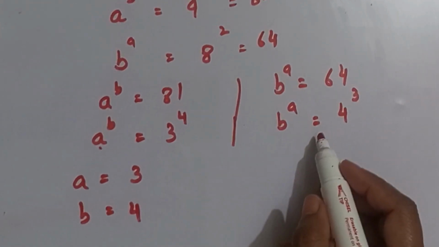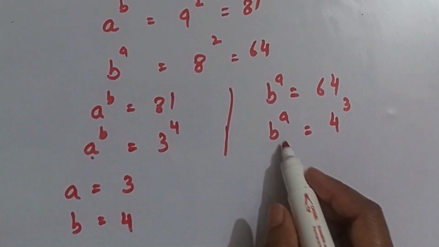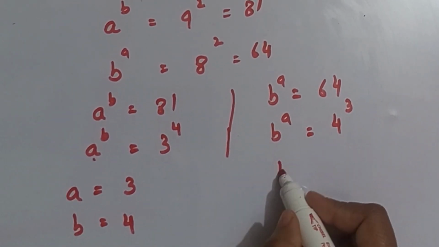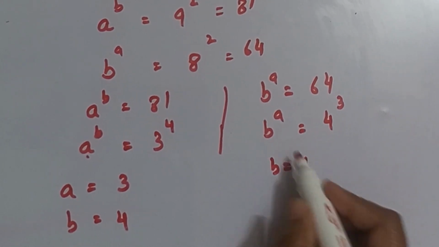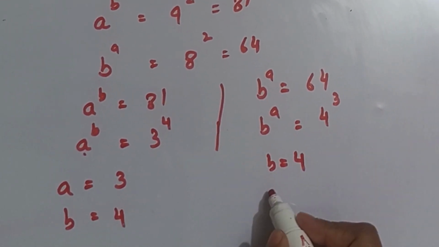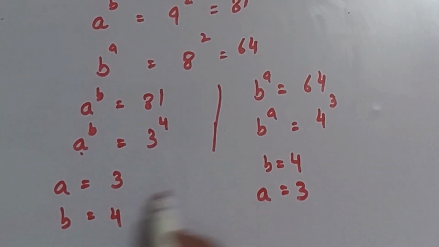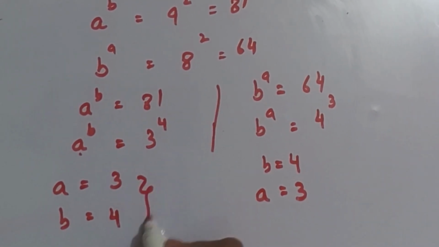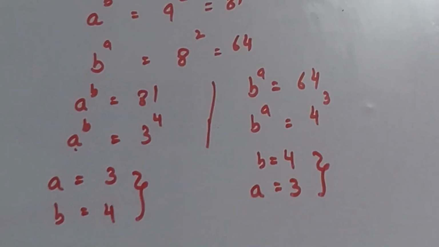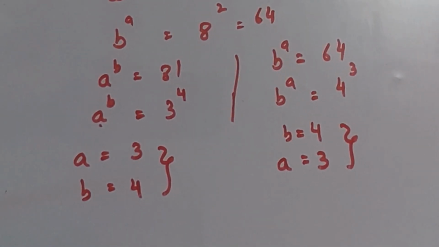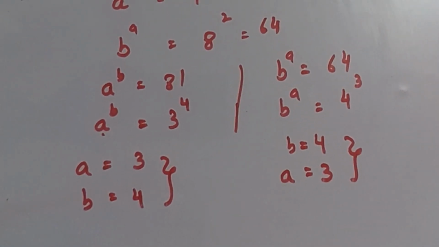Similarly, in the second equation, if we compare the base, b is equal to 4, and if we compare the exponent, a is equal to 3. So from both cases, we get the same values of a and b. So in our question, a is equal to 3 and b is equal to 4, and we are done.